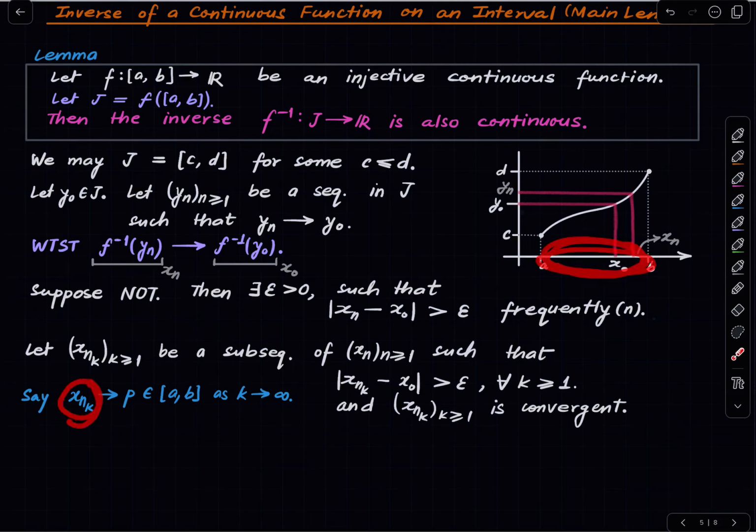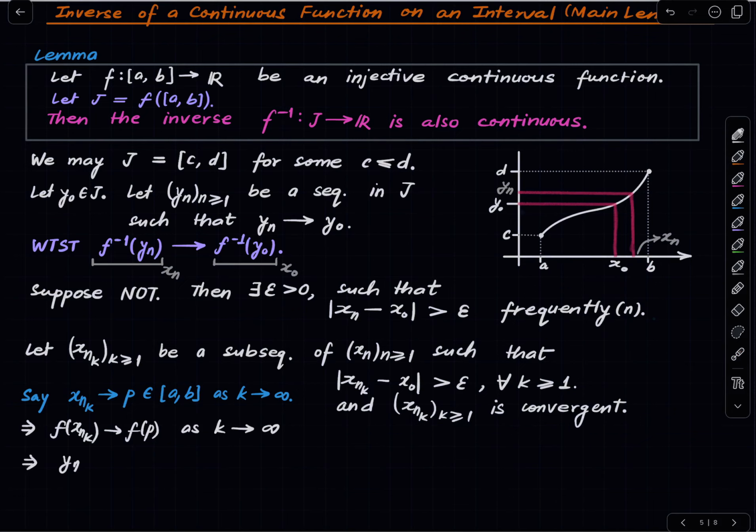Fine. Now by continuity of the function f, we get that f(x_{n_k}) converges to f(p) as k approaches infinity. Since this happens and f is continuous, we must have that.